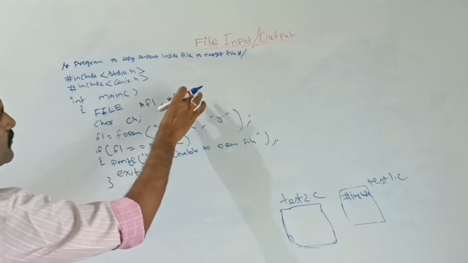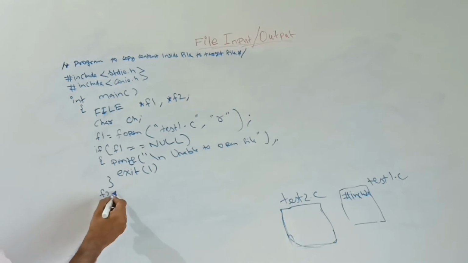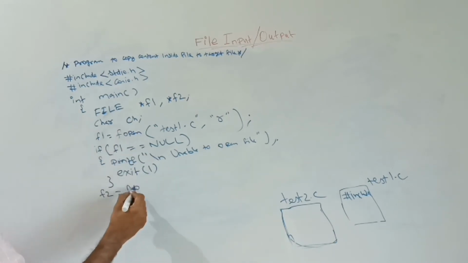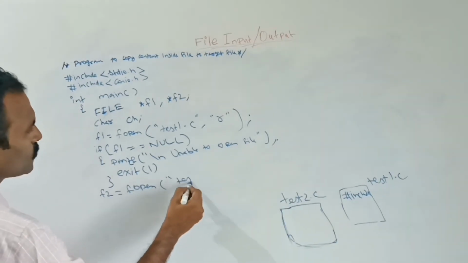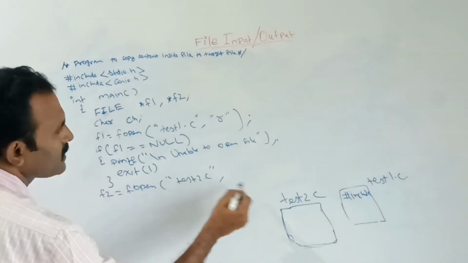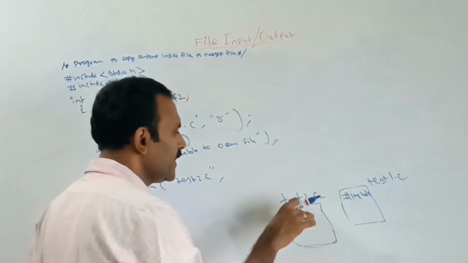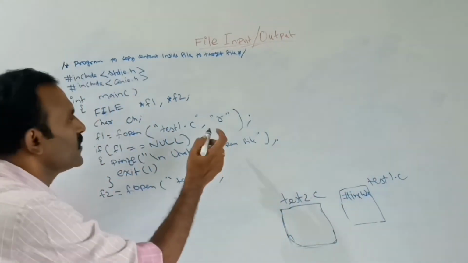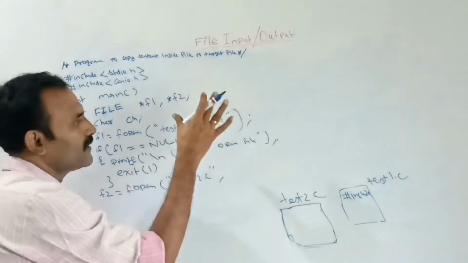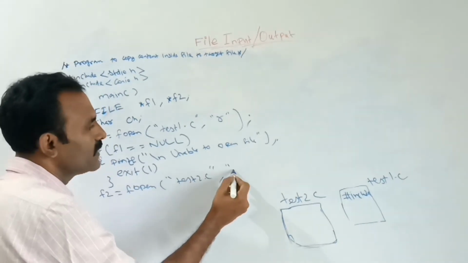Now I need to open the second file. So f2 is equal to the same fopen. After that, the file name is test2. Next, this is important. Now what are we going to do? We are going to write to this file. This file we opened for reading purpose, so I gave the value r. This file I need to write, so here I should use w.